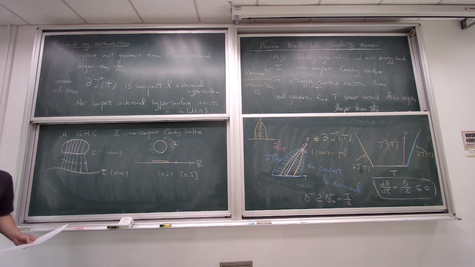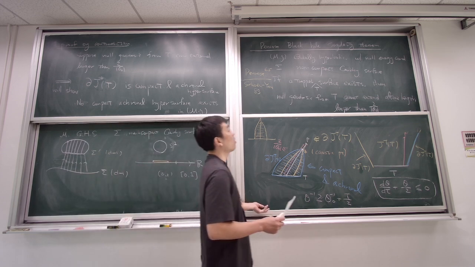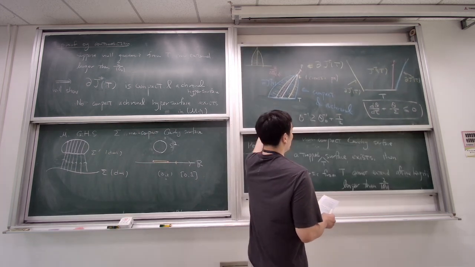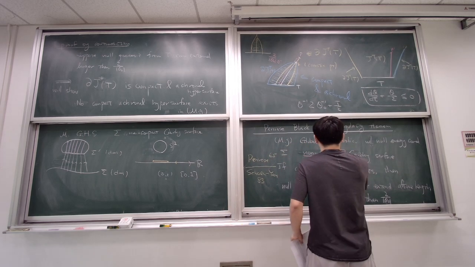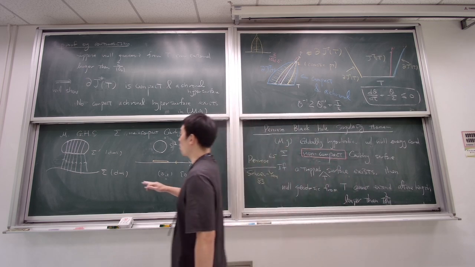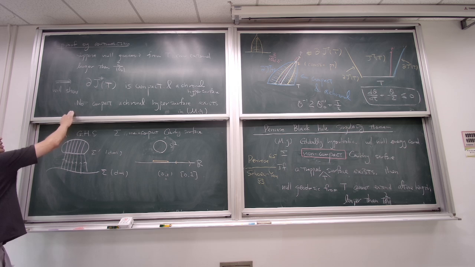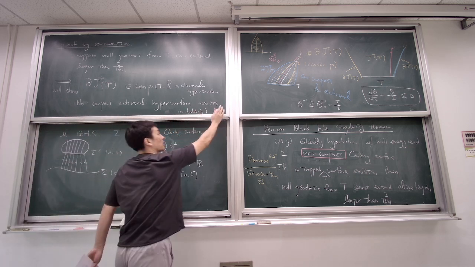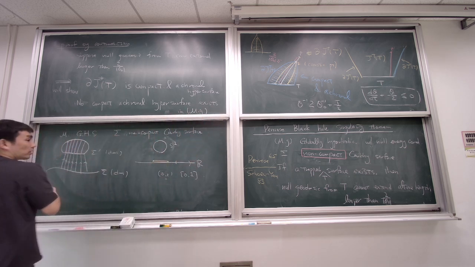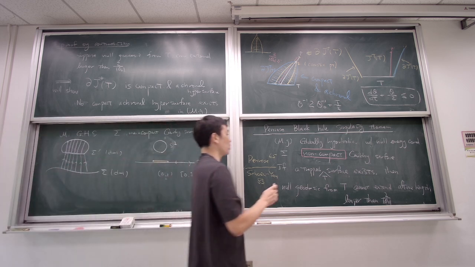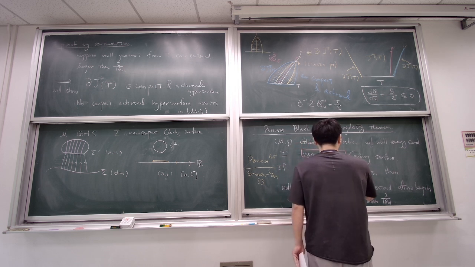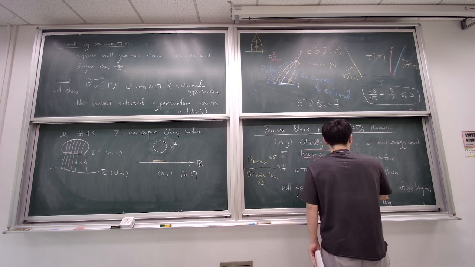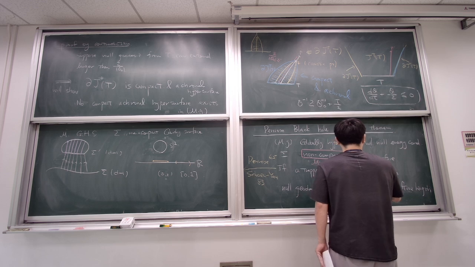I just want to make a comment that the non-compact condition is important, because I use the non-compactness to show the last statement here. This non-compact means asymptotically flat. So the global space-time M is asymptotically flat.